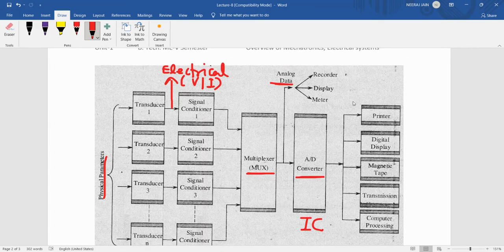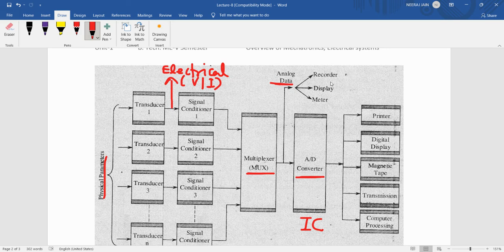This digital signal can be used for different purposes: it can be monitored on the display of the computer, it can be further transmitted by wireless transmission, it can be further processed, and we can also take a printout.